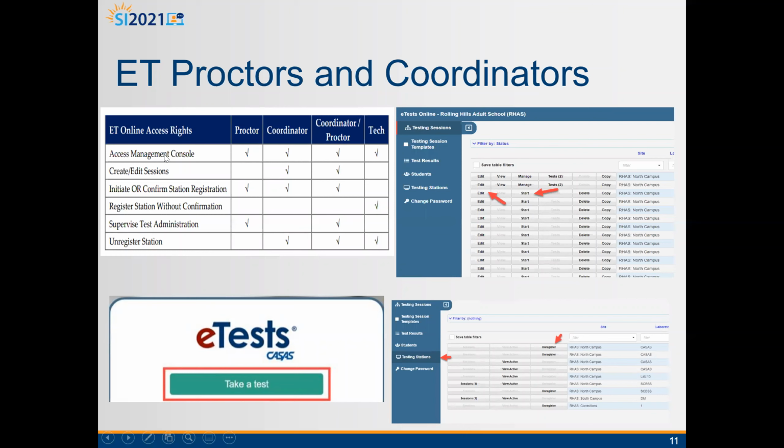So access console management. Access console management is this whole website for e-testing. Once you log into eTests, you will see the access management console. All the proctors, coordinators, proctors, and techs have access to this.